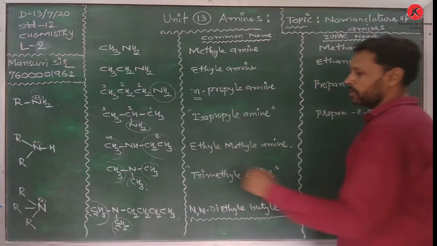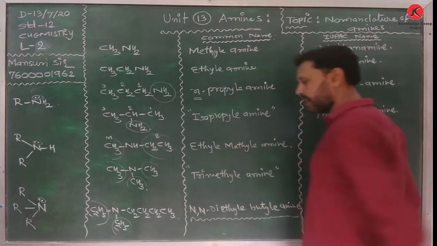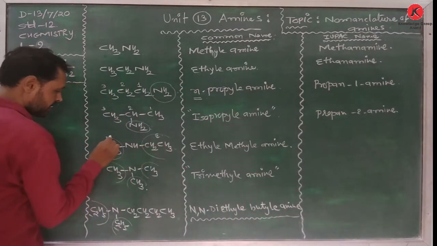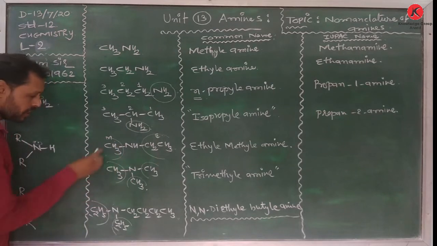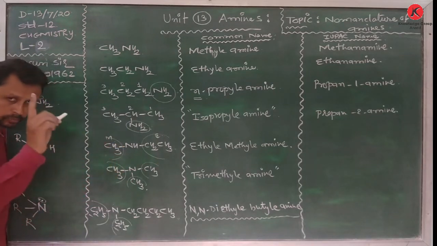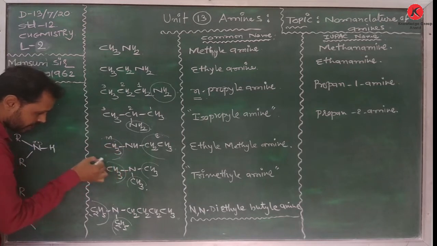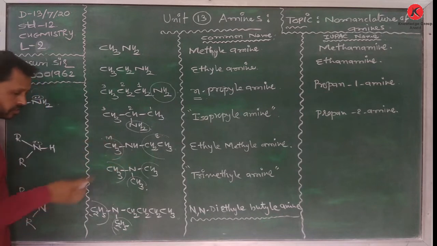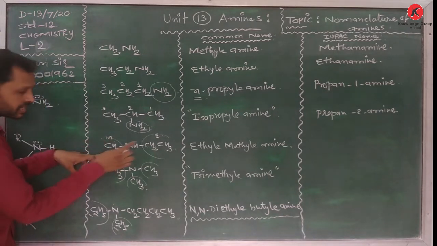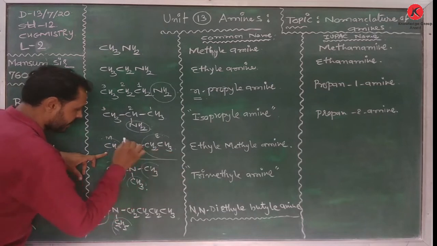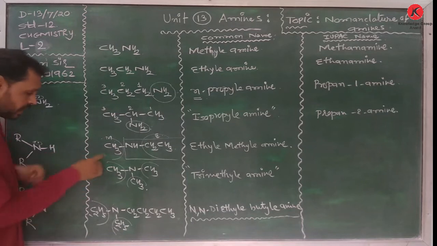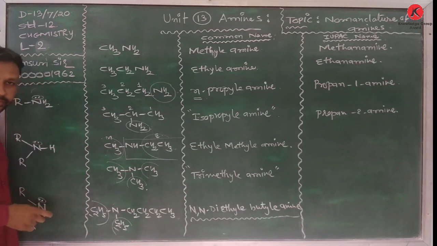Thereafter here methyl, ethyl and amine. Whenever one group is methyl and one group is ethyl, the group with the least number of carbons, here methyl, is attached on N. So N-methyl, and this is my ethanamine. So what we have to do? The least-carbon group is attached on nitrogen.